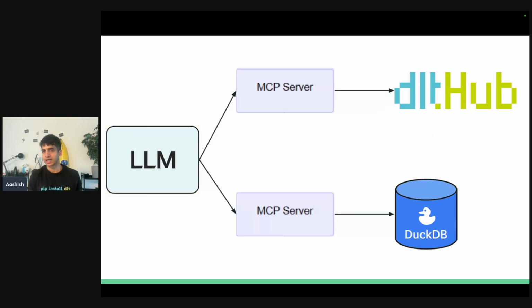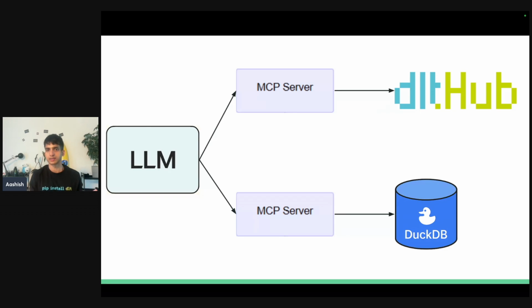And secondly, with access to the DuckDB database, the LLMs can directly query off of it, and that helps it do things like data validation, things that we had to do manually without MCP. Overall, having these two MCP servers that would give the LLM access to the DLT docs on the web and the DuckDB database would make the whole process even more streamlined.